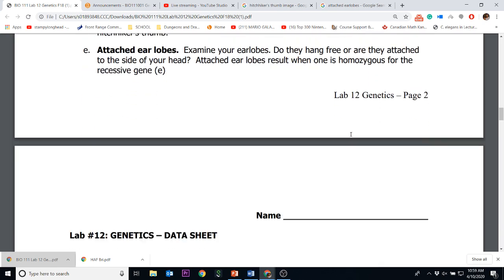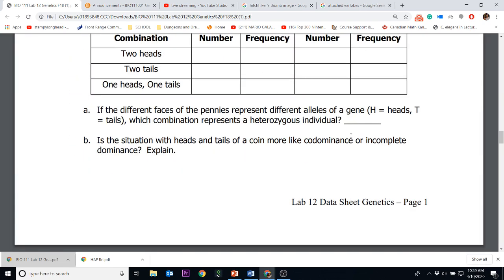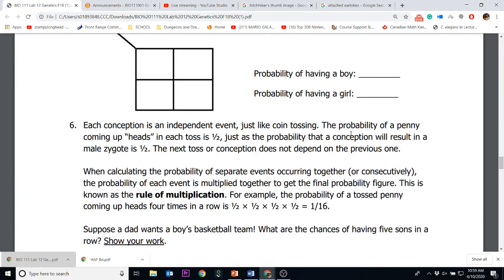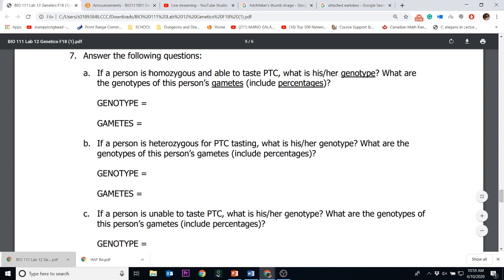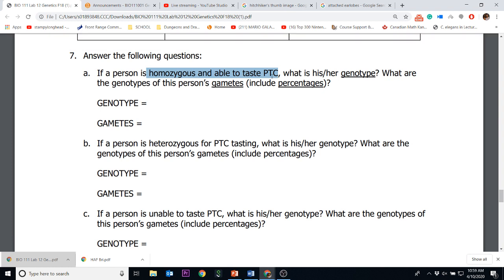Okay, so now this question is talking about what kind of gametes will you have if a person is homozygous to taste PTC. That means it's 2 big T, right? Her genotype, I just gave it to you. Her genotype will be 2 big T here, homozygous. What about the genotype for that person's gametes?